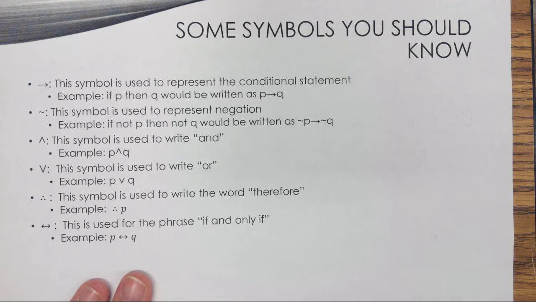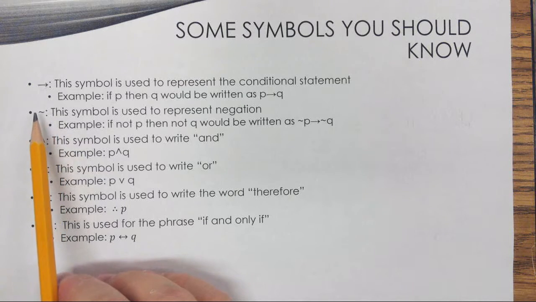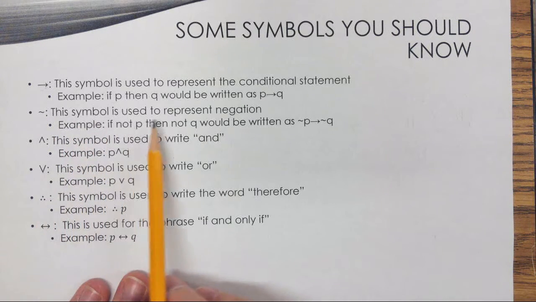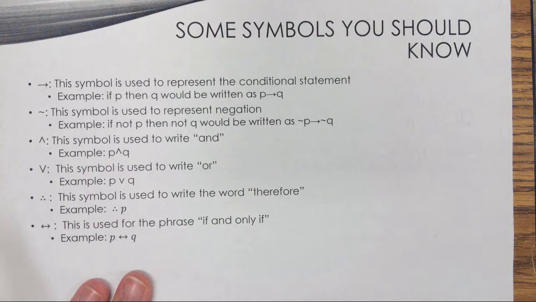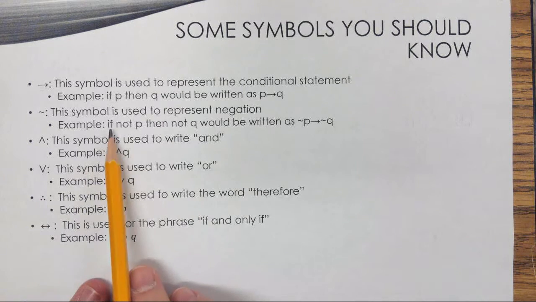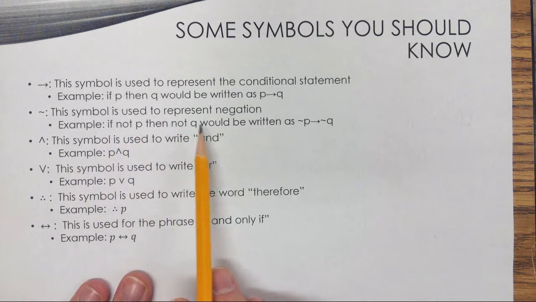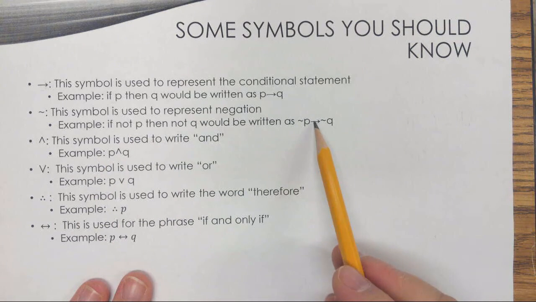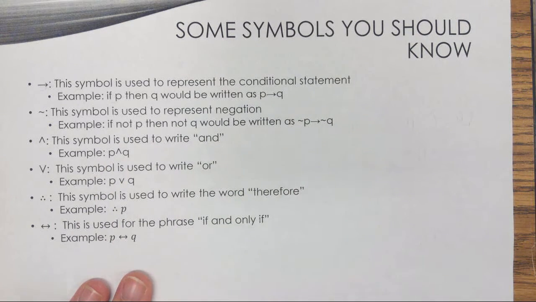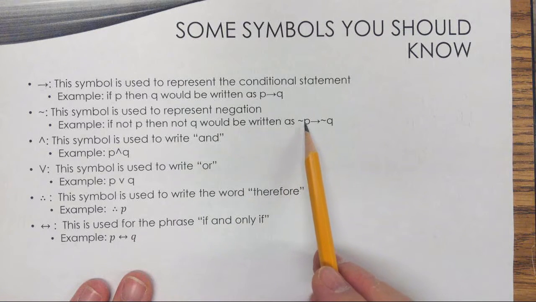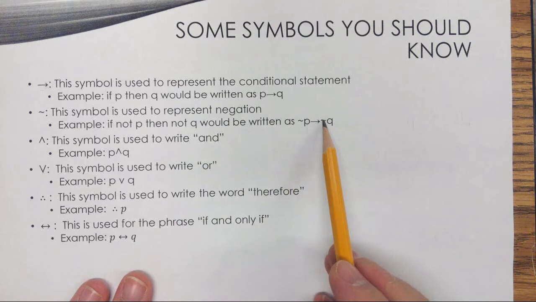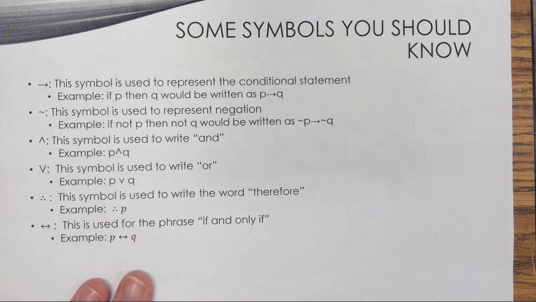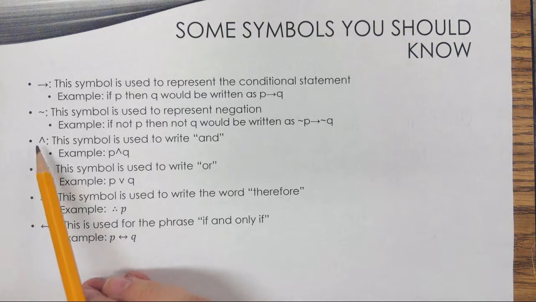Okay? When we're talking in logic, we've got this little squiggle here, but this symbol is used to represent a negation. So if I said if not P, then not Q, I could write that as with the squiggle and the P, then the squiggle and the Q. Okay, so if not P, then not Q. Okay? Alright.